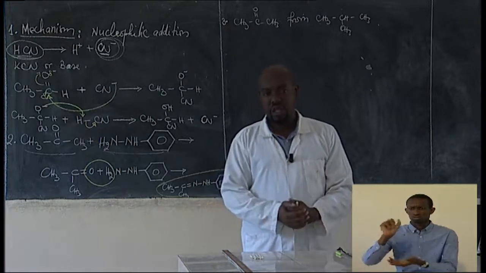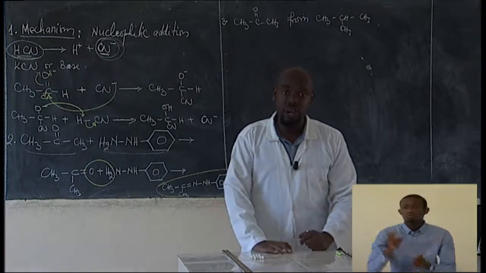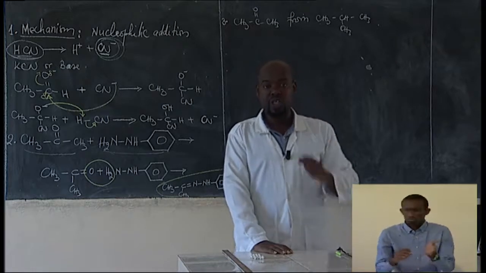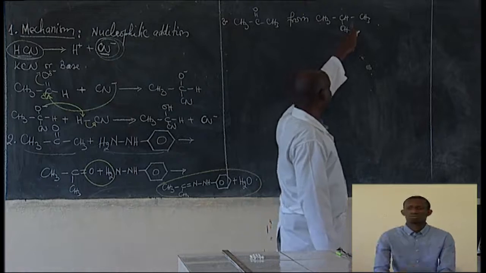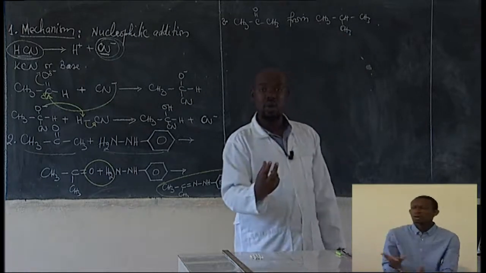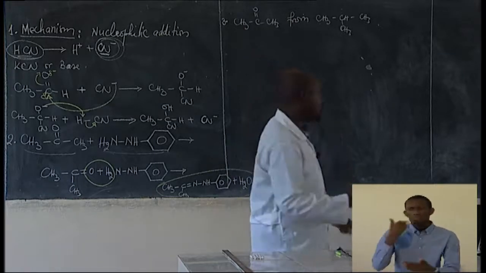One way of reducing the number of carbon atoms is to use the oxidation reaction of an alkene, for example, and we break the chain. So in that case, we need to create a double bond in this compound. How do we create the double bond? It's better if we start with halogenation.